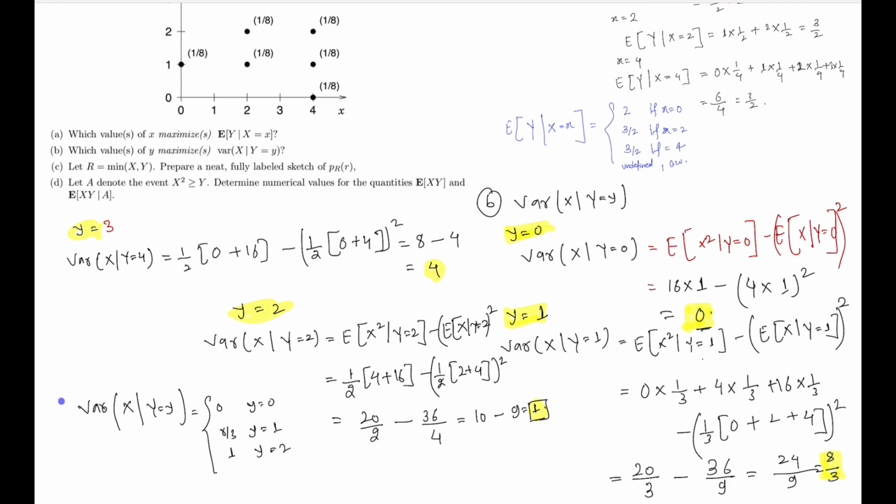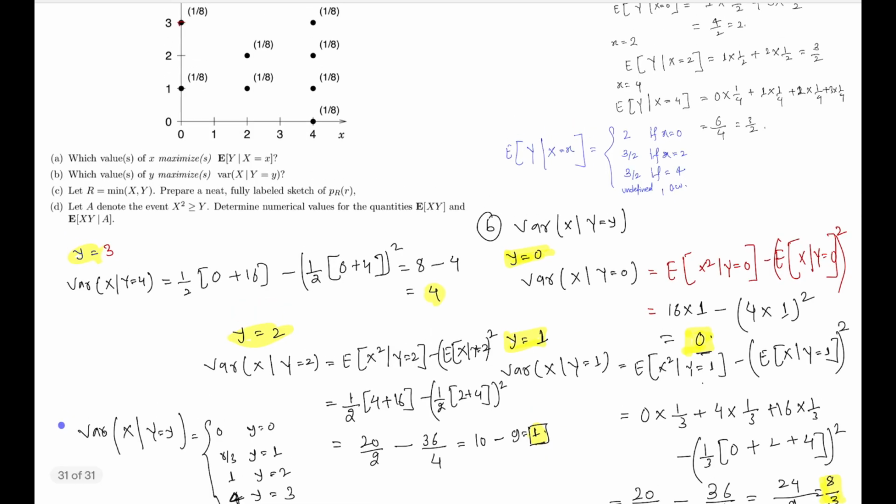The variance is 4 when y is 3, and it is undefined otherwise. Sorry, it is 4 here, right?